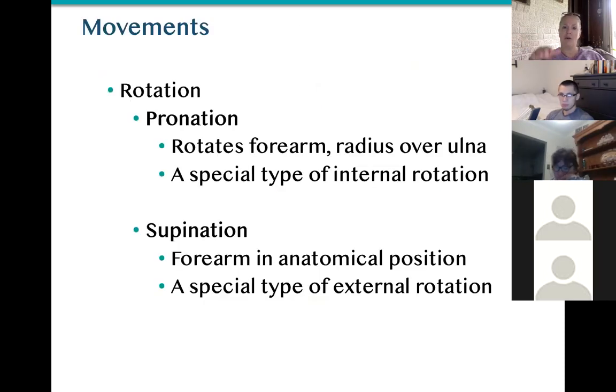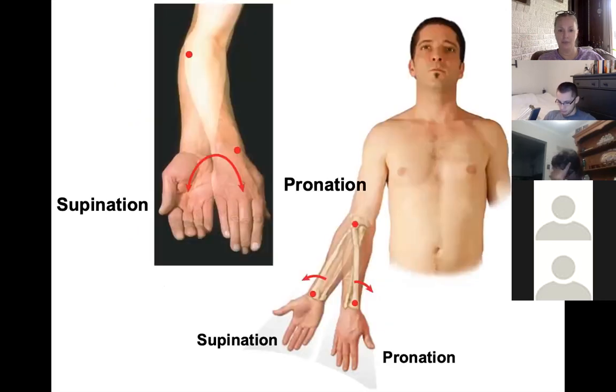Okay, we also have pronation and supination, and this is going to especially be involving your radius and your ulna. So you see here that you have your pronation, supination as it twists over, pronation, supination, okay?